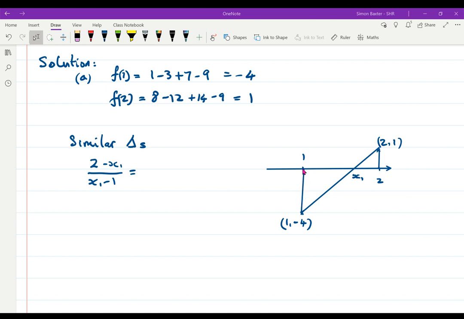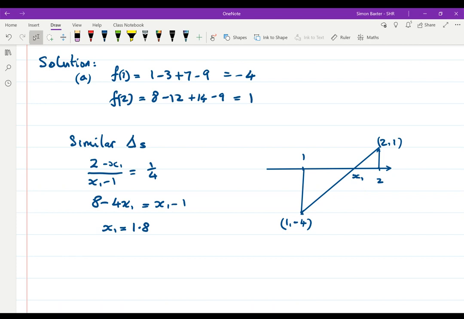Notice we're dividing by the length, not the y-coordinate. So we get 1 over 4. If we multiply up by 4, we get 8 minus 4x1 is equal to x1 minus 1, which gives us that x1 is equal to 9 over 5, which is 1.8. So that is my first approximation, just here.